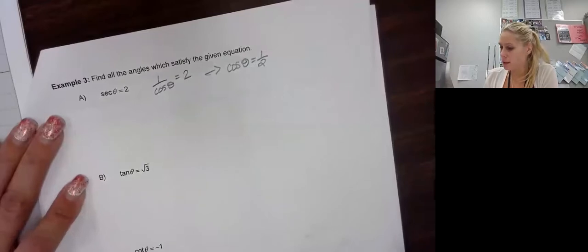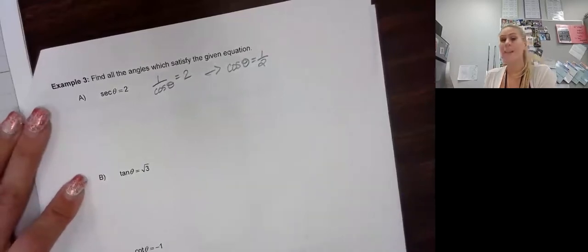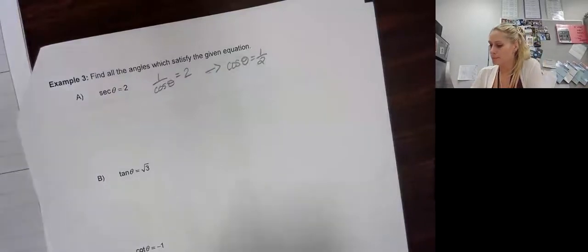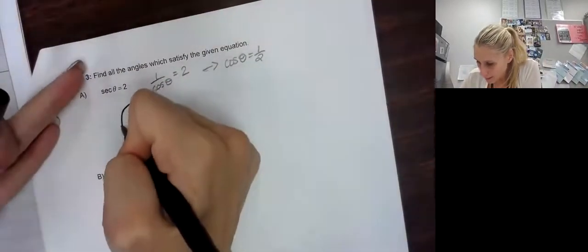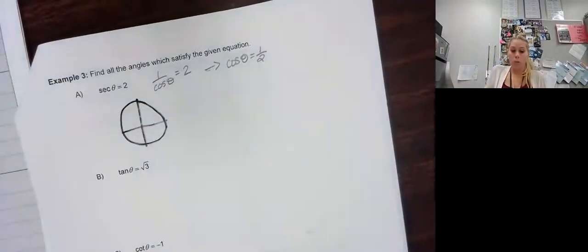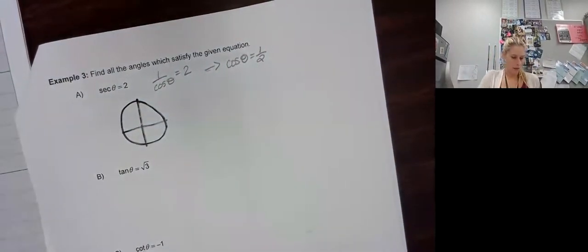Well, didn't we just do this on the other side? Oh, no, we didn't. We did sine 1/2, right? So let's make our unit circle. Where is cosine of 1/2? Or did we do this on the other side? Yeah, didn't we do this on the other side? We did. So it's the same value as the other side.